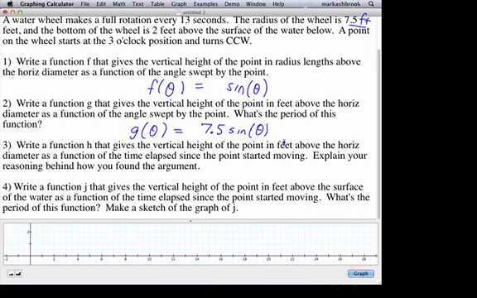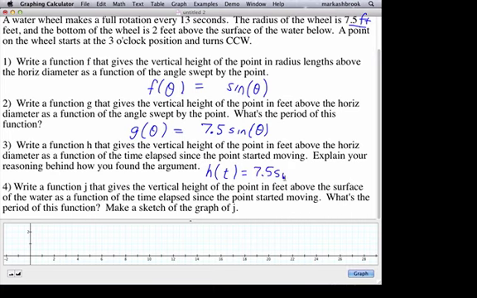Next, write a function that gives h, the vertical height in feet as a function of time elapsed. So our input now is time. Now we still want a vertical height in feet, and that's what multiplying the radius times sine does. It gives us a vertical height in feet.